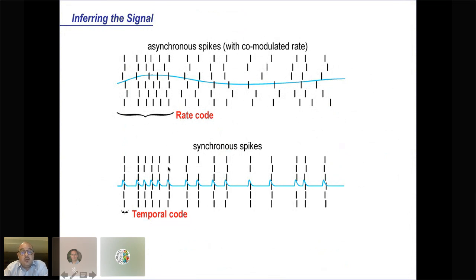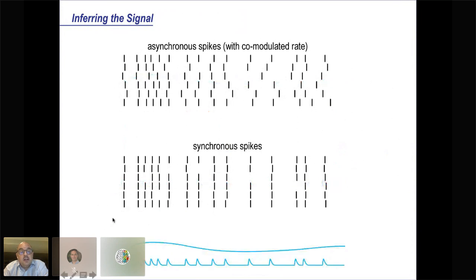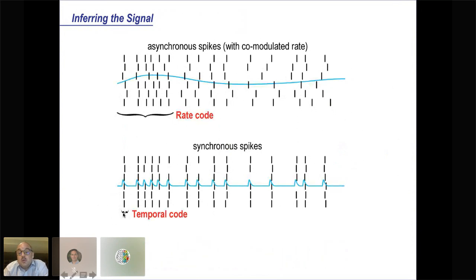On the other hand, if I'd given you this highly synchronized spiking, you might be much more inclined to suspect that the network spiking pattern arose from a relatively fast signal, in which case you might want to resort to using a much narrower time window in order to capture temporal aspects of patterning within those spike trains.